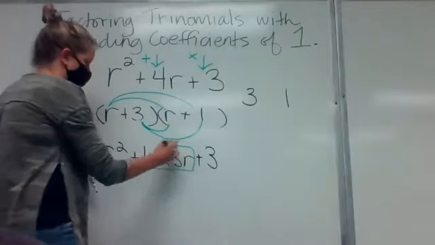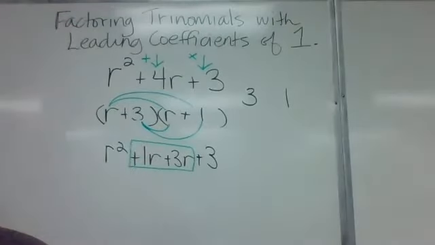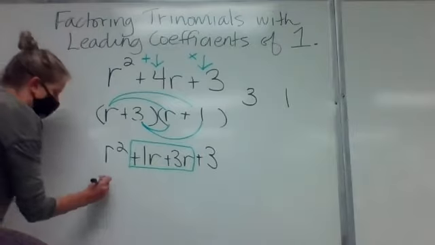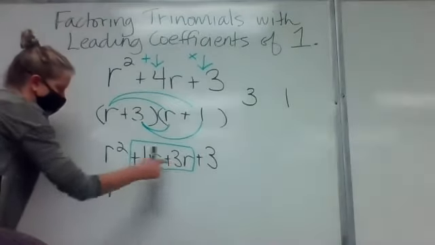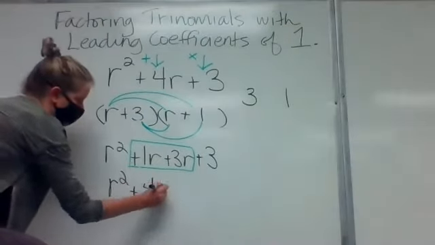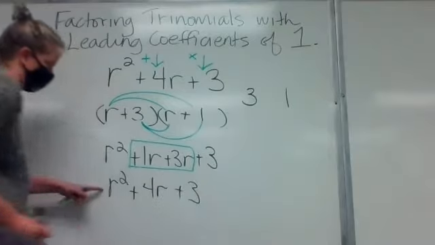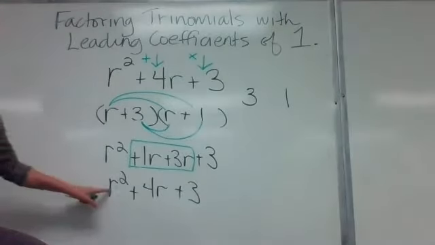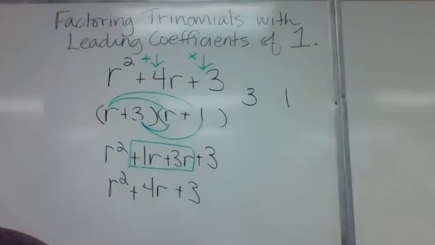And when you put your middle terms together, since they're like terms, you will have r squared. Put those together to get 4r plus 3. So that's how you know that it checks. So if you multiply it back together and you get the trinomial that you started with, that means you did it right.